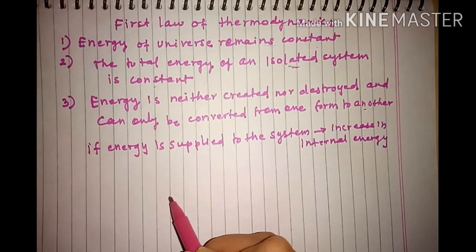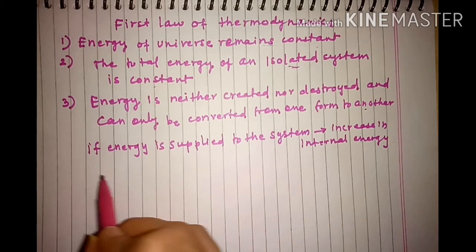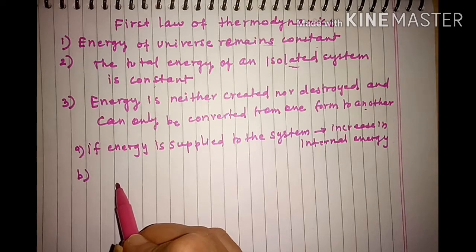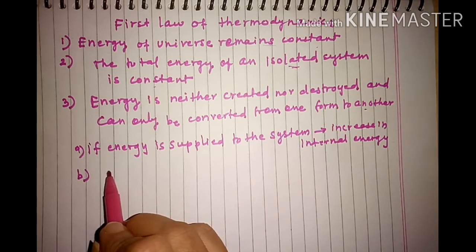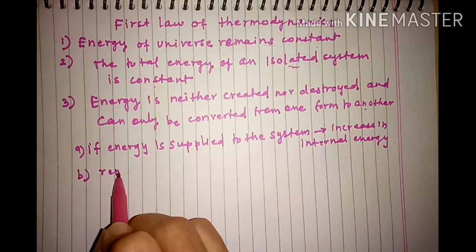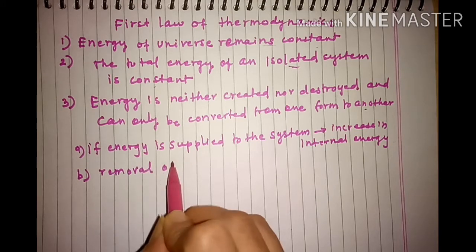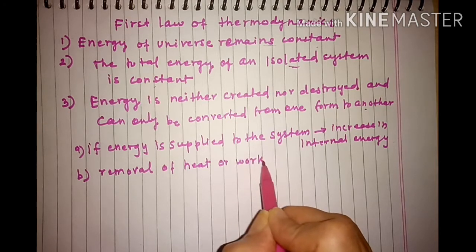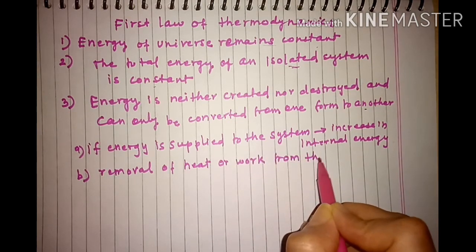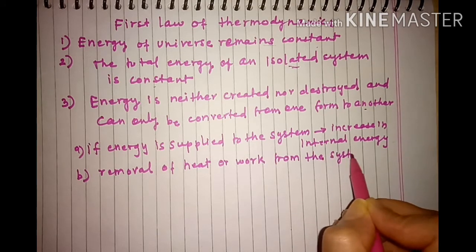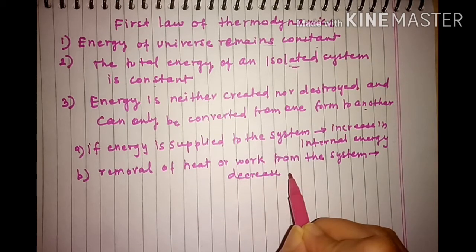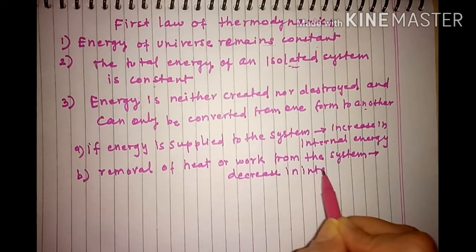Secondly, removal of heat or work from the system decreases its internal energy. Removal of heat means removal of energy. In other words, if energy is removed, that is, heat or work is removed from the system, it results in a decrease in the internal energy of the system.